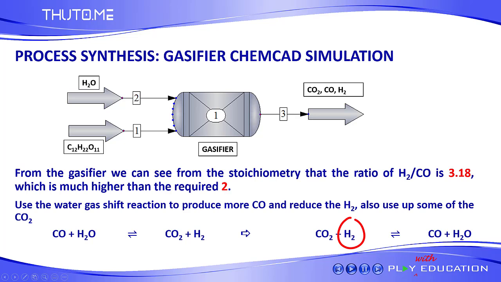We are going to be looking at using that excess hydrogen that we have. Instead of having 2, we're having 3.18 for each mole of CO. So we are going to have to use up that excess 1.18 hydrogen, which is not exactly the true story, but whatever excess we have, we use it up to make more CO. The advantage is, remember, we have CO2 in our syngas produced from the gasifier, so we will also use up CO2 to make CO. Remember, CO2 basically becomes a waste of the carbon that we are feeding into the system.